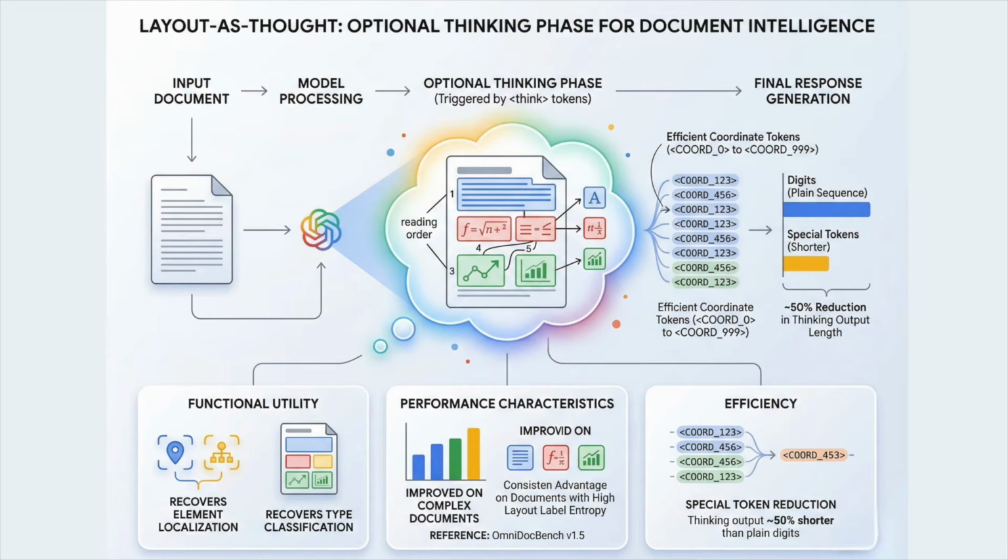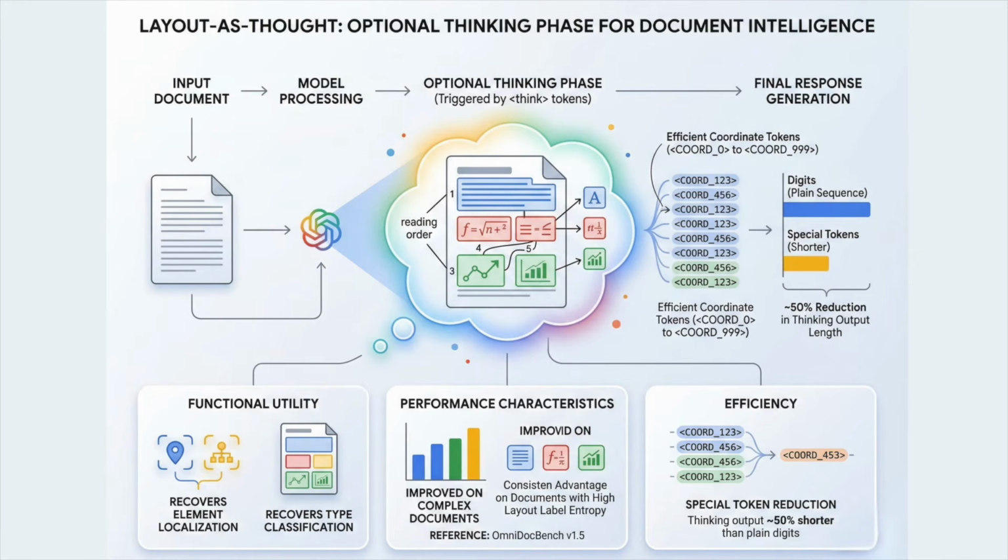This process serves to recover explicit layout analysis capabilities such as element localization and type classification, which are often lost in traditional end-to-end paradigms. Evaluations on benchmarks like OmniDocBench version 1.5 show that this feature provides a consistent advantage for documents with high layout label entropy, such as those containing complex mixtures of text, formulas, and diagrams.